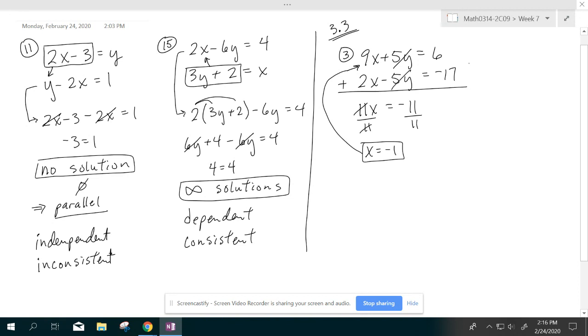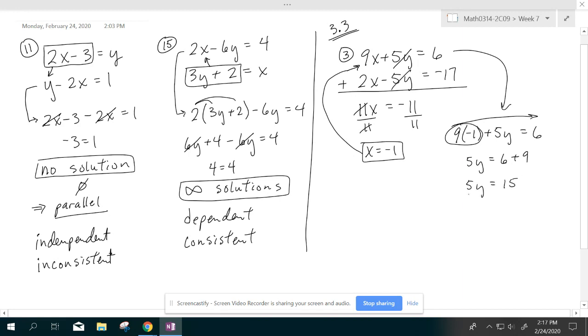Here we go. So that means that this equation is going to become 9 times negative 1 plus 5y equals 6. But if you plugged it into the bottom equation, you'll get the same answer. 9 times negative 1. Okay, look out. Negative 9 coming over, though, makes it a plus 9.